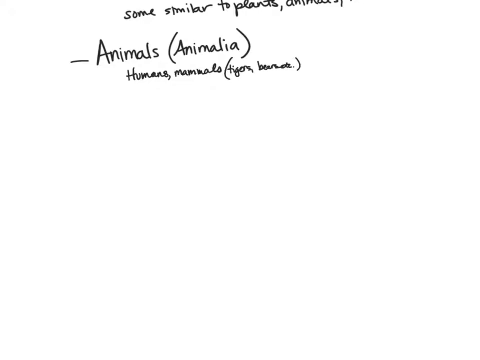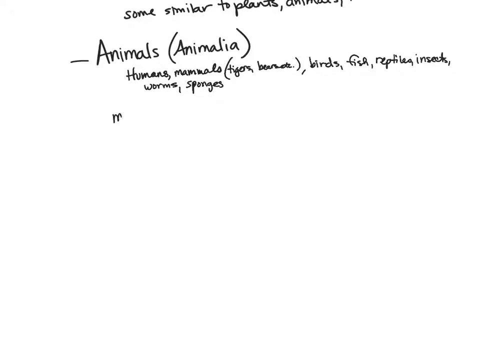But that also includes things like birds, fish, reptiles, insects, and even things like worms and sponges. Oftentimes we think of animals like our cats and dogs, but remember that humans are animals, and remember that birds and fish, and even things like reptiles and insects and worms and sponges, are animalia.